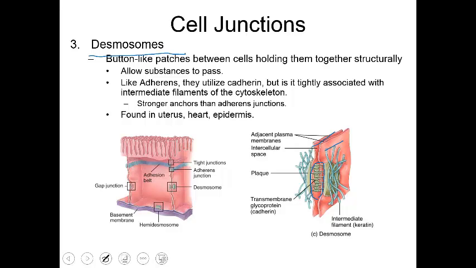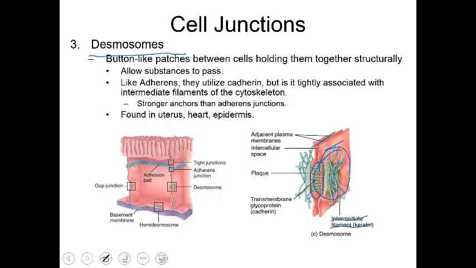And what we have here, instead of a rubber band, we have a spot weld. Now this spot weld is also made up of a protein, but this time it is not made of the microfilament actin. It is made up of intermediate filaments. And intermediate filaments are made up of the protein keratin. So what you're seeing here is that thumbtack that is made up of keratin.